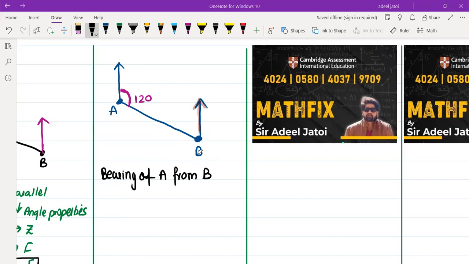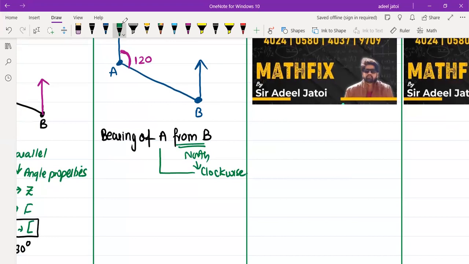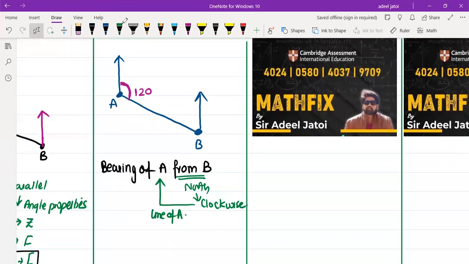So from north we will go clockwise to the line of A, not to the point of A. Generally, what a student thinks is that bearing is clockwise till the point.